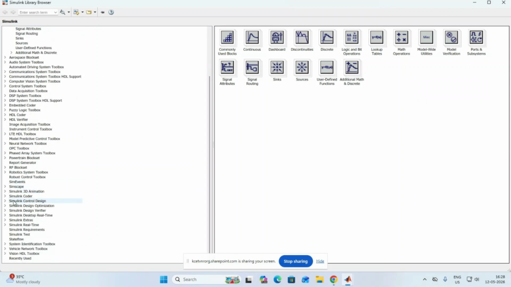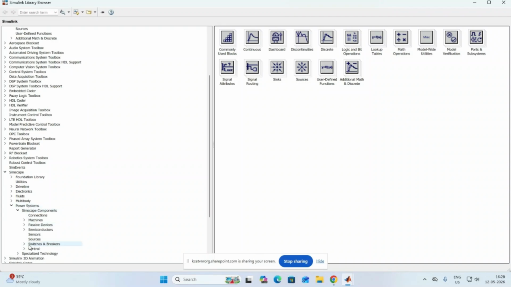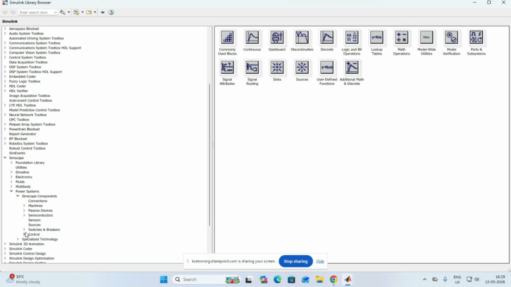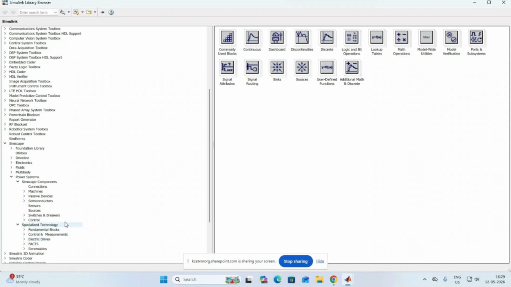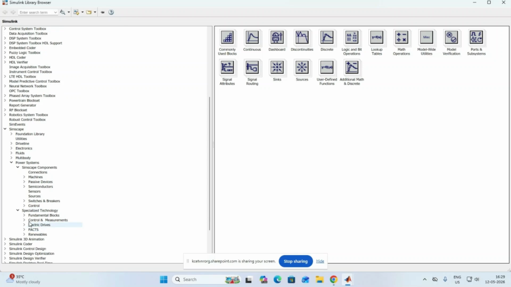Here for our power converters, most of the components we can get from Simscape, and then power systems. Under power system, you can find a lot of options, and from specialized technology also you can get various components.